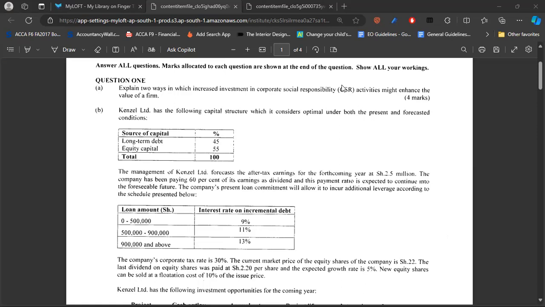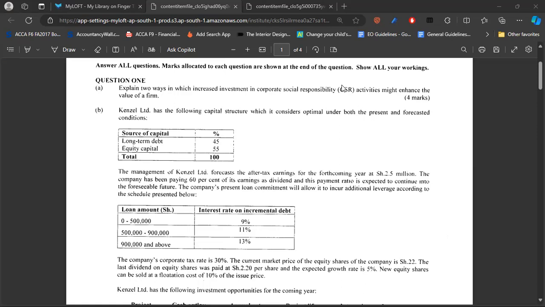The company has been paying 60% of its earnings as dividend, and this payment ratio is expected to continue into the foreseeable future. The company's present loan commitment will allow it to incur additional leverage according to the schedule presented below. That is the schedule. The company's corporate tax rate is 30%.